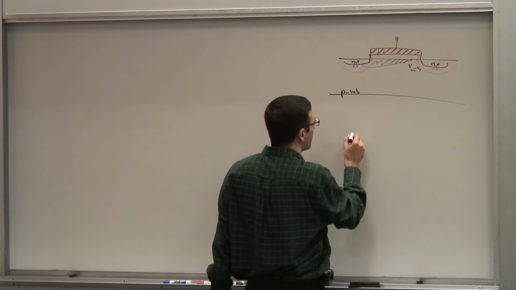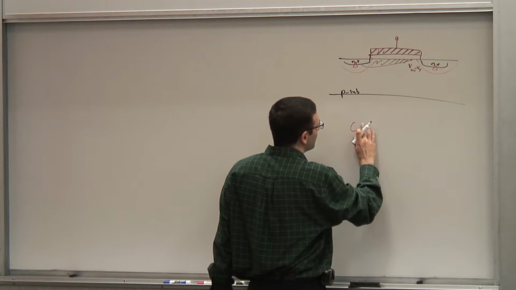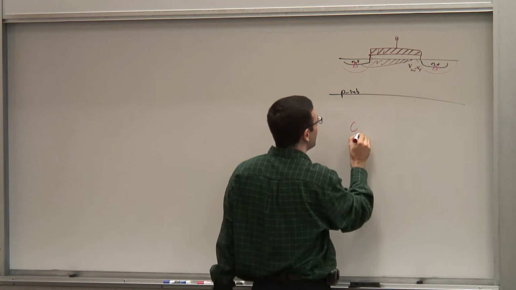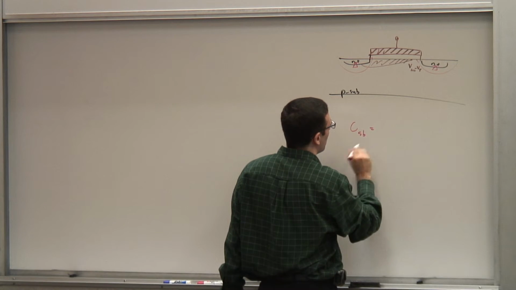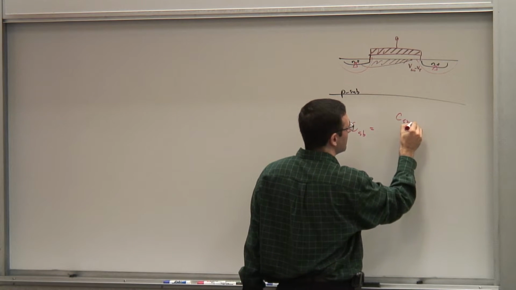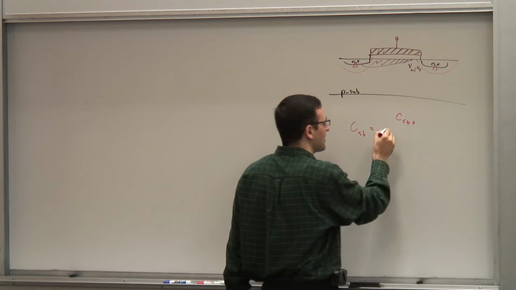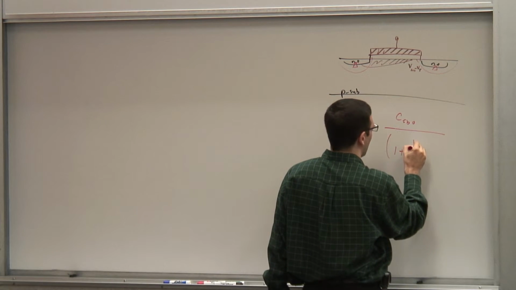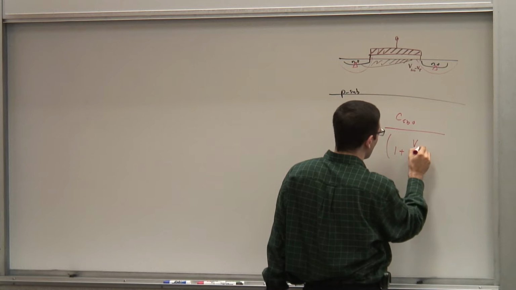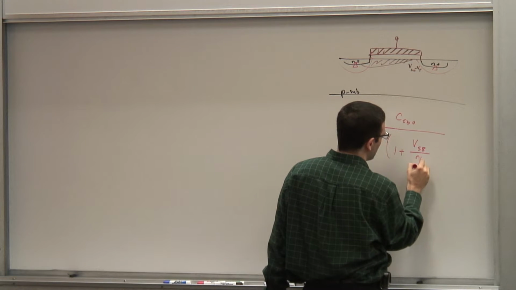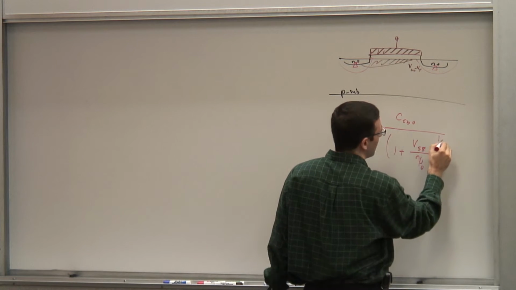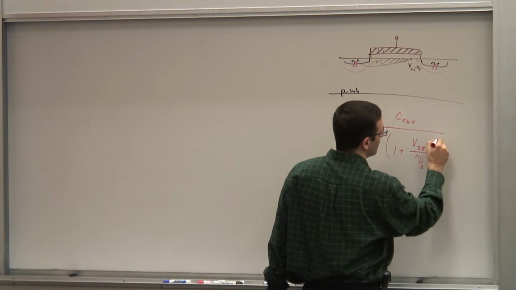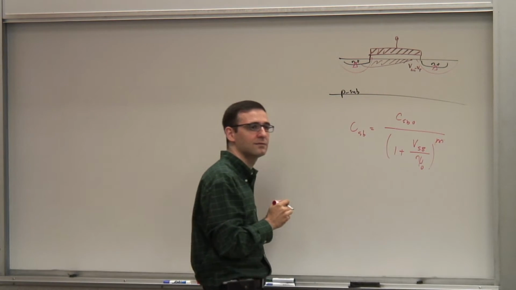Well, if it's an abrupt junction, so let's say this would be CSB, would be CSB naught, which is a capacitance with 0 bias. And we know this is a voltage dependent capacitance, so it would be 1 plus the VSB divided by psi naught, which is the built-in potential to some exponent, let's say M in general. If it's an abrupt junction, M would be 1/2.